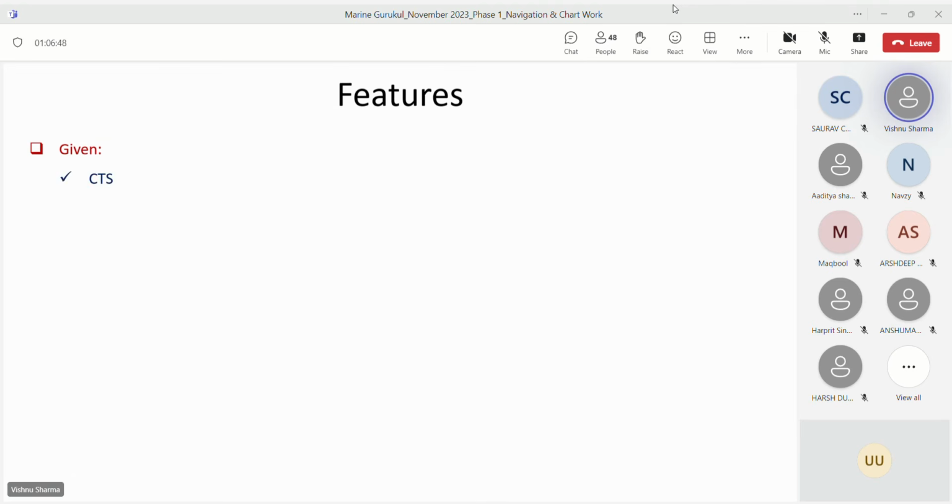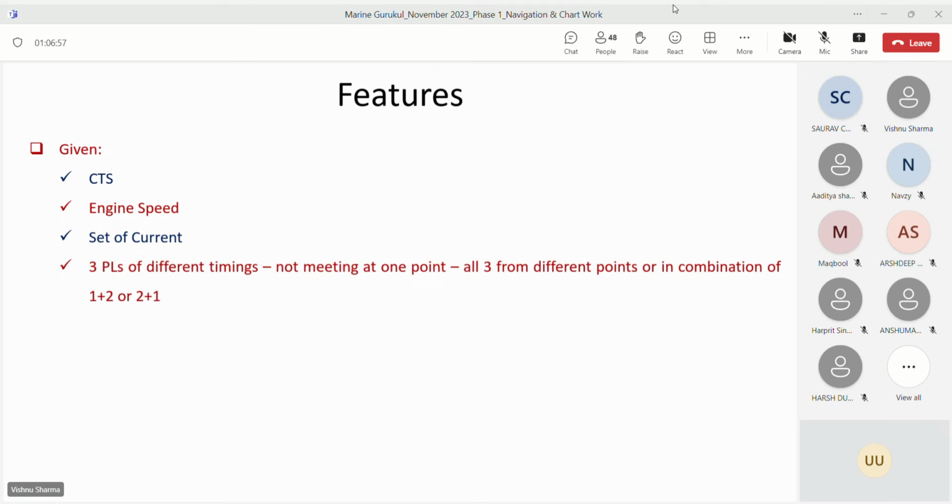The CTS of the own ship, engine speed, set of the current, 3 PLs of different timings not meeting at one point. Because if they were meeting at one point, then 3-point bearing is the easier one. All could be from different points or in a combination of 1 plus 2 or 2 plus 1. This is what is given.